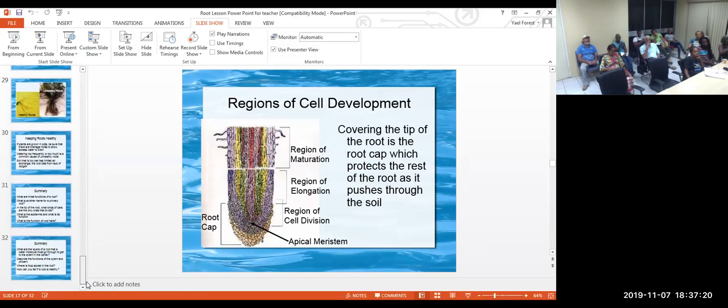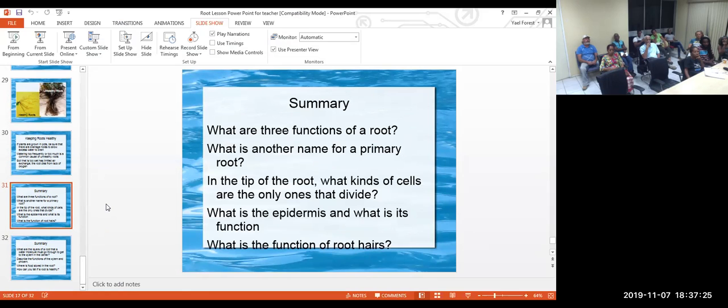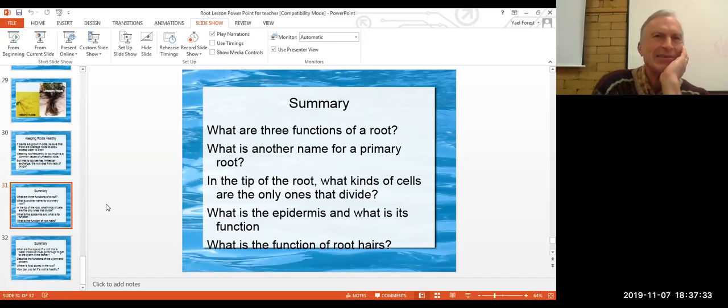So I have a question, Steve. Is that the name of the region, or is that a kind of cell? Yeah, that's a good question. The apical meristem would refer to the region, and a meristem cell would refer to the type of cell.